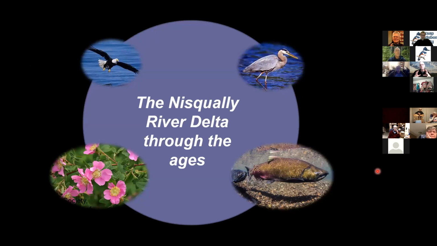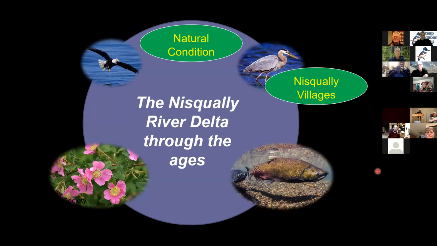And if we look at the delta, it's gone through a lot of changes over the ages. And if we try to imagine its natural condition before people, thousands of years ago, okay? And then a couple thousand years ago, native people, the Nisqually people, villages, people of the saltwater living, right there at the mouth of the river.